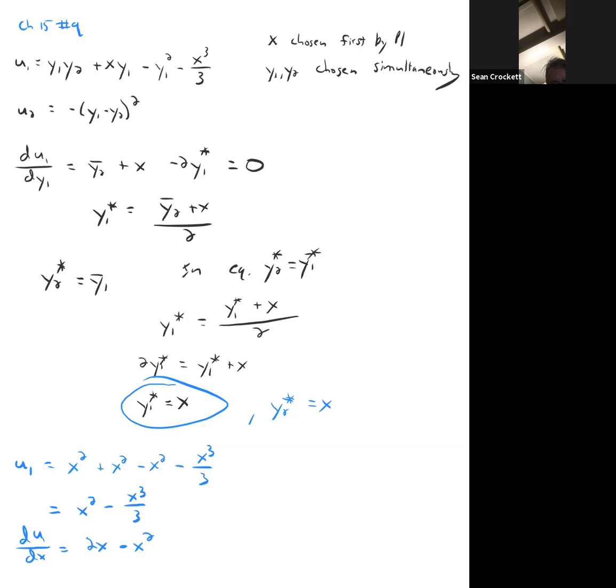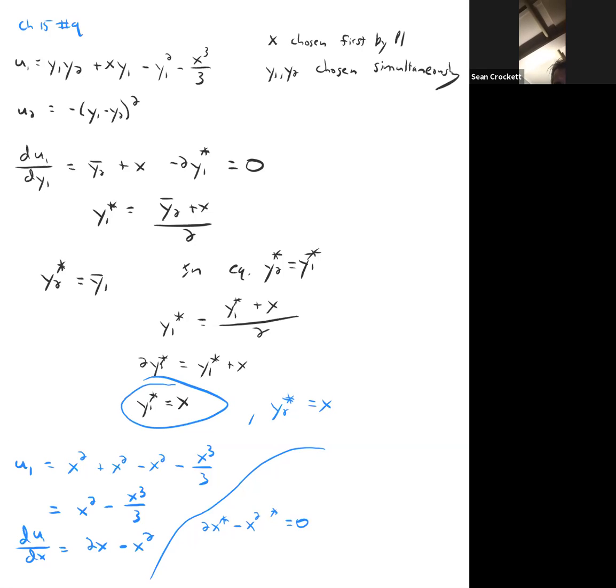And so as long as x is big enough, that is still a concave problem. And so let's see if it's concave in the region that we're worried about, like the region of the solution. So we'll set the first derivative equal to 0 and call it x star.